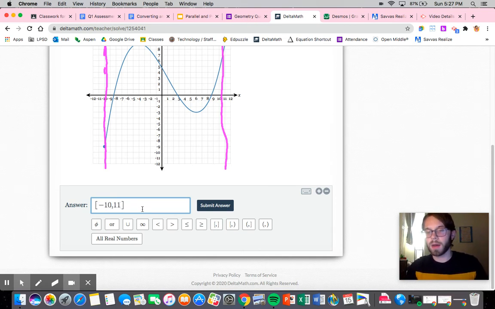And by the way, all this means, and I am remiss from not saying this earlier, is we are including everything between -10 and 11, including, because that's what these brackets mean, the bracket just means we include the endpoints of -10 and 11. All right. So we are including these, all right? So let's just be careful with that.